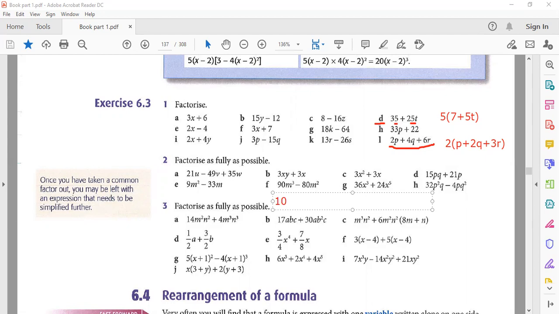Not only 10, there are minimum 2 m's we have, so I put 10m square. And I just need to put a bracket, and here I write 9m minus 8 and bracket close. I just put a square as well.